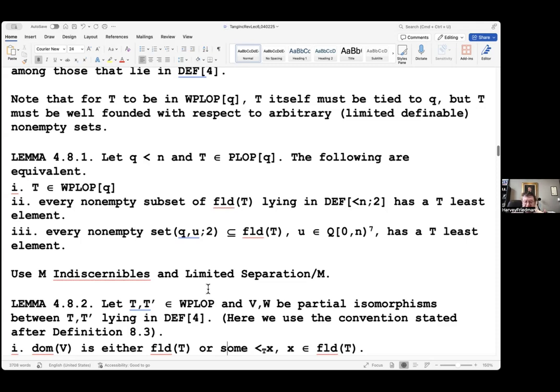So, in other words, if you're a little bit well-founded, then you're completely well-founded, meaning well-founded with respect to everything that's definable with bounded quantifiers way up high. Here, it's definable with quantifiers ranging over something less than n. And here it's some explicitly constructed thing where 7-tuples can be used below n. And this is a technical thing, as is most of this section, proved using the indiscernibles and the separation.